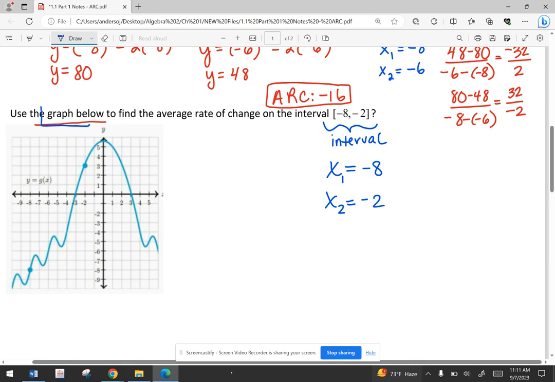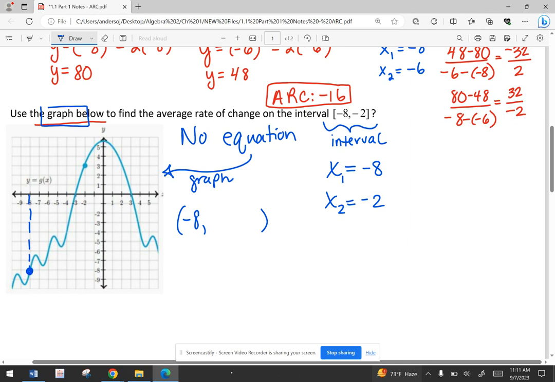I want to use the graph below. So I don't have an equation here. No equation. Well, there's a reason I don't have an equation, because I have a graph. So I'm going to go ahead and come over here and I'm going to find x is equal to negative 8.